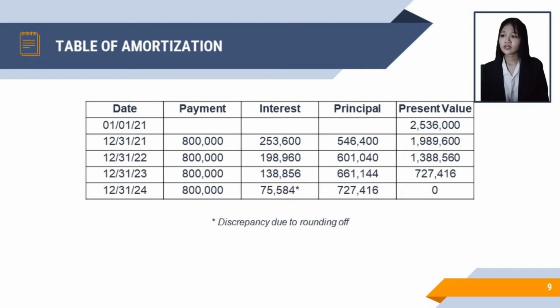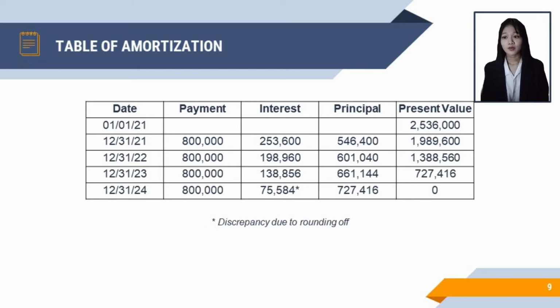Then the third column is the 10% interest. It is computed by multiplying your present value by 10%. For example, on December 31, 2021, your present value on January 1, 2021 of 2,536,000 is multiplied by 10% to get 253,600.